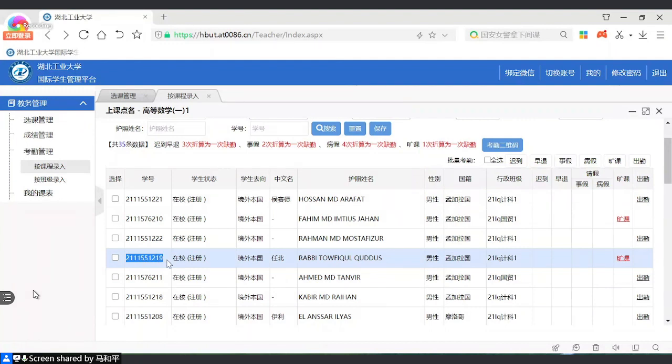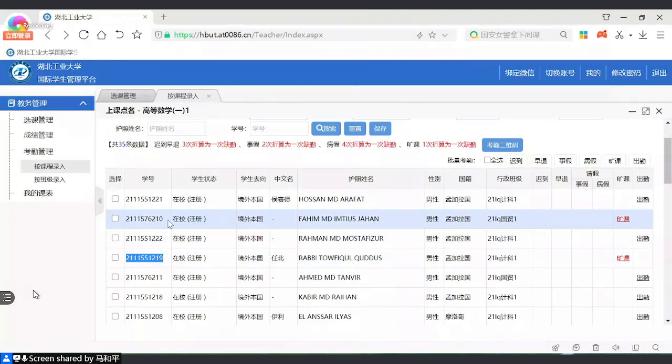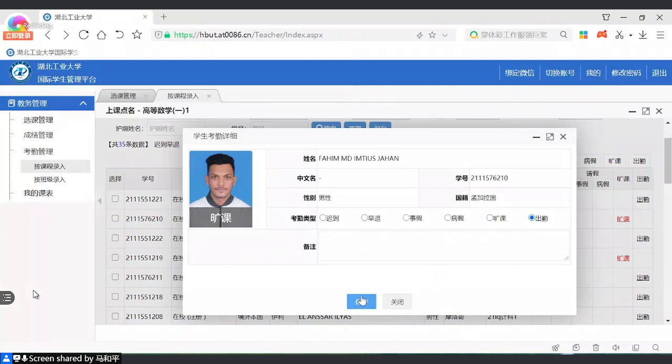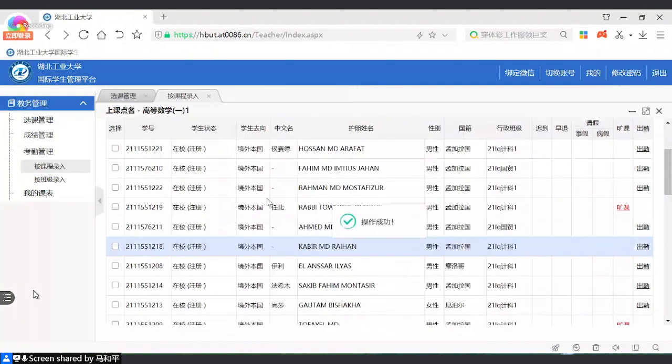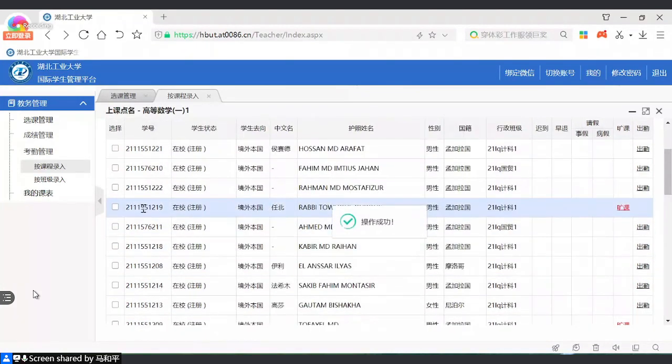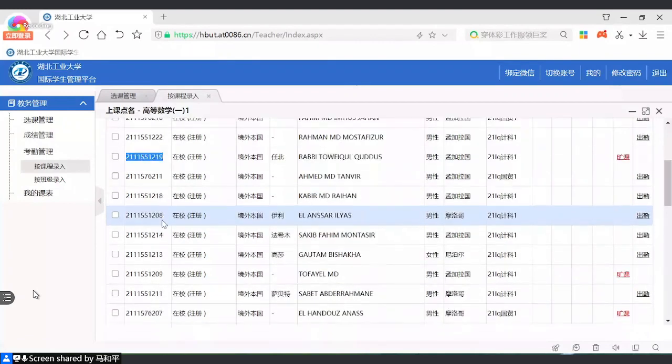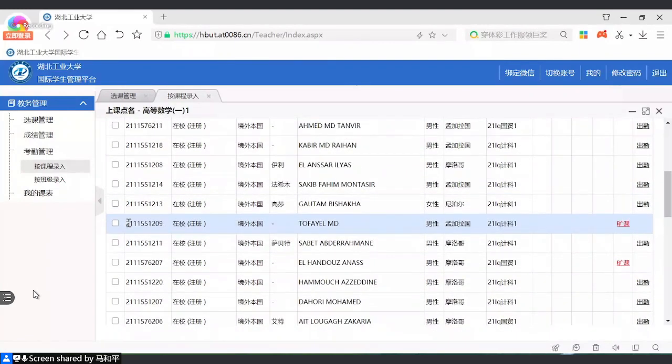1219. Hello, this one. Hello, Lausi, can you hear me? My student ID is 210. This one. Yes, yes. Okay. 1219. This one. 1209.